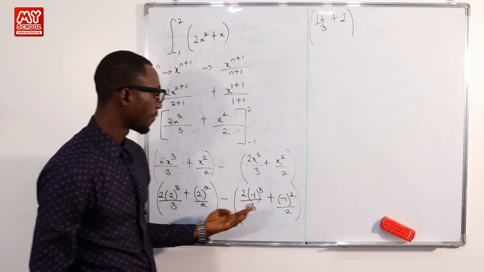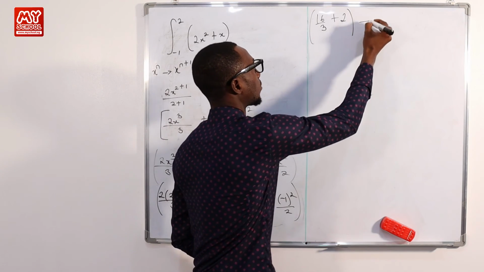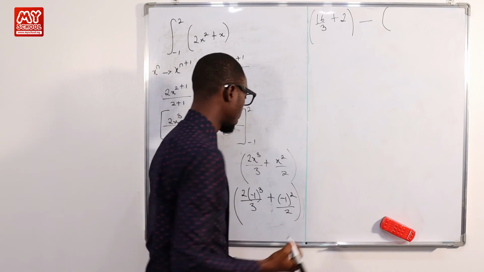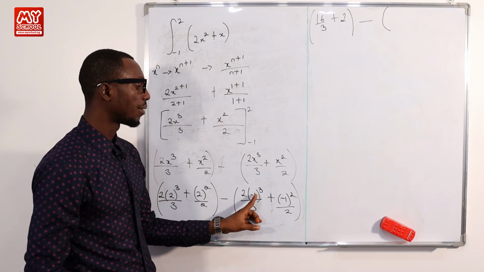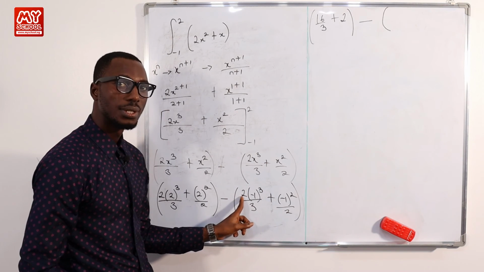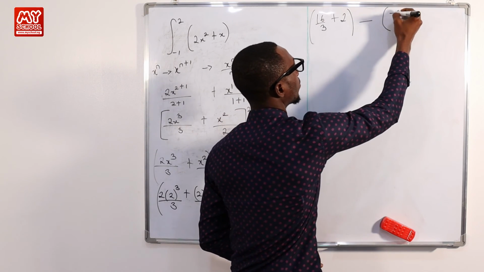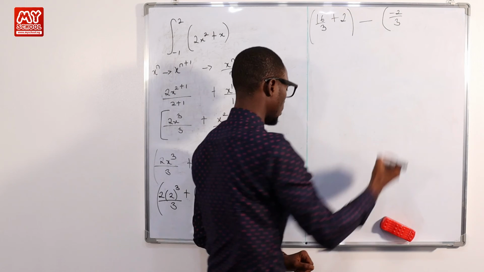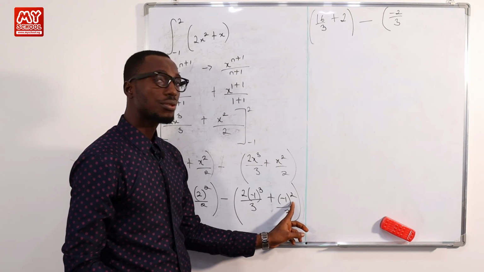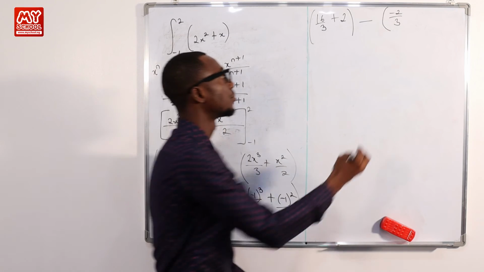Then you recall we have a negative sign here. We open the brackets. Minus 1 raised to power 3 is minus 1 times 2, that's minus 2 over 3. Minus 1 raised to power 2 is 1 over 2.